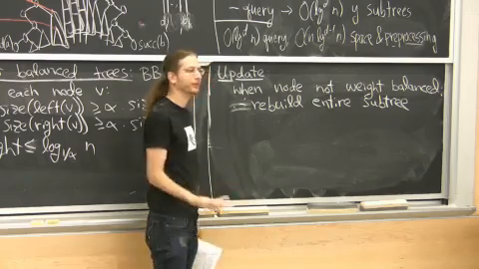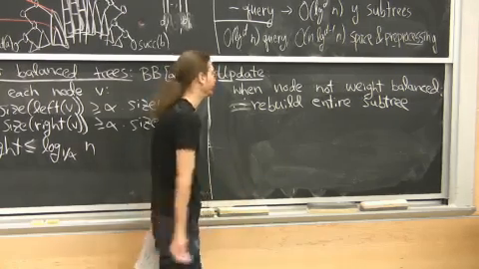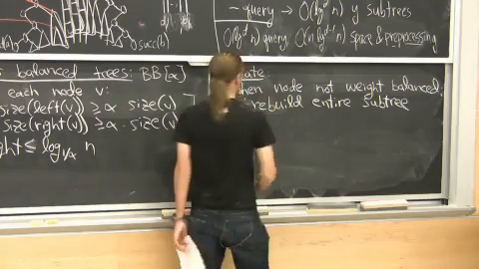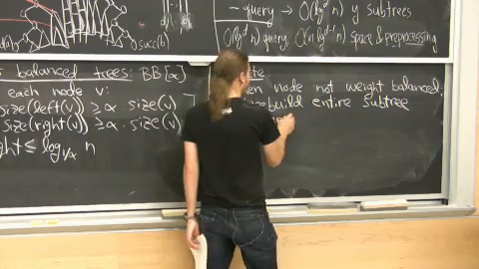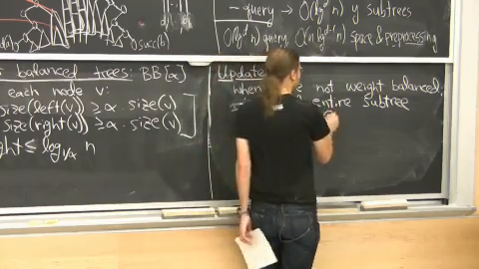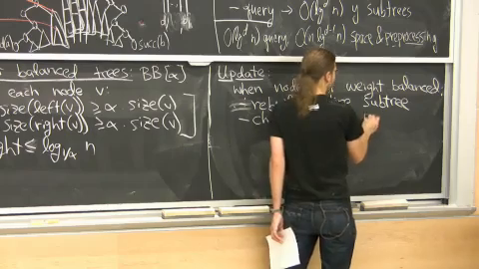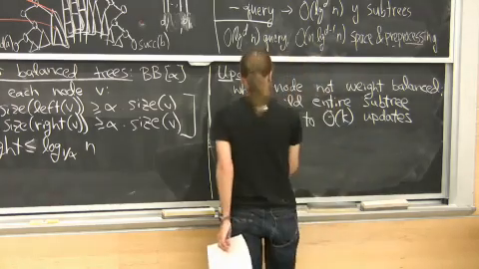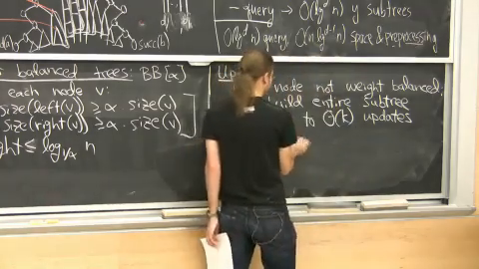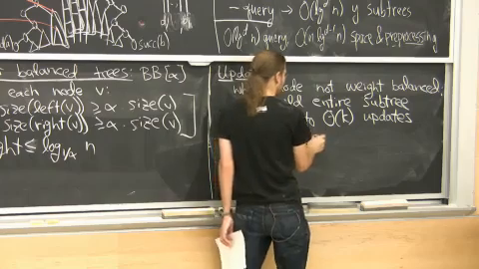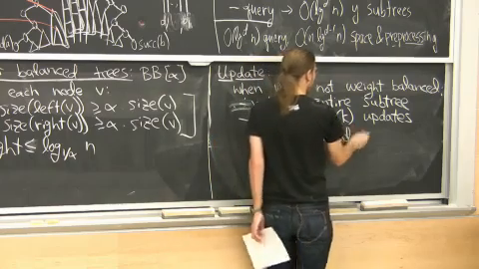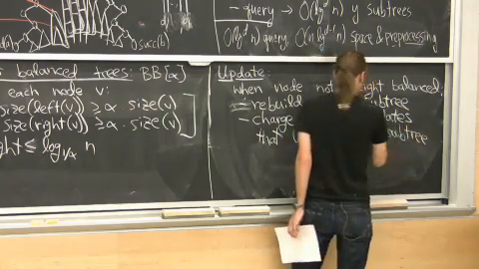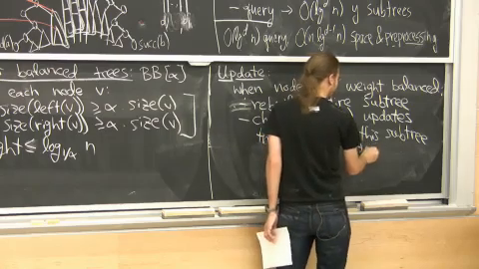Half minus alpha times the size of the subtree had to be inserted or deleted, or maybe half of that. Some constant fraction. I don't really care. Alpha's a constant. I'm going to charge to the theta k updates that brought that unbalanced things. Okay, k here is the size of the subtree.